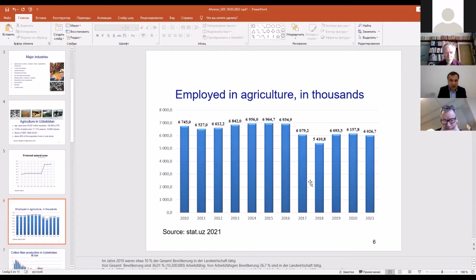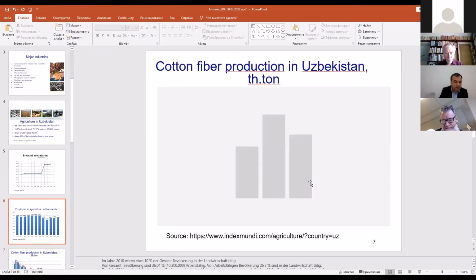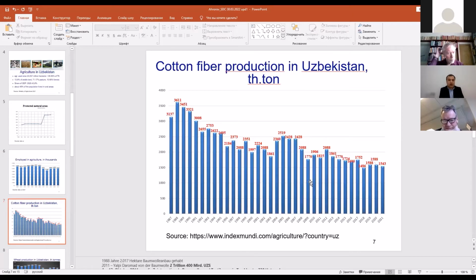This is remaining about similar, but there is a certain trend to decrease in that number in the last years. It is believed that cotton is the major monoculture in Uzbekistan. And the major consumption of water, a scarce natural resource, is by cotton production.